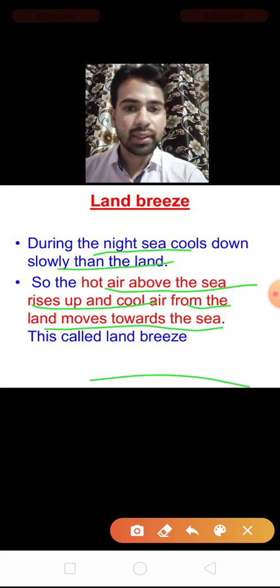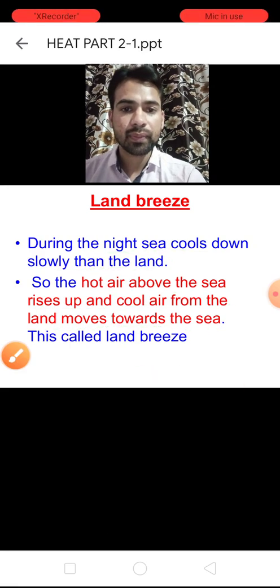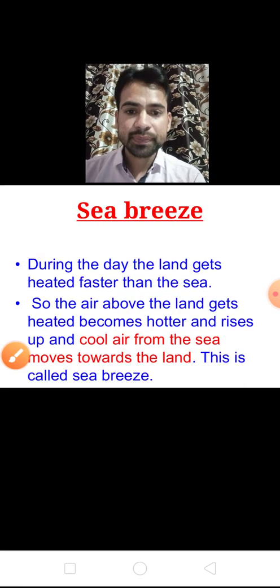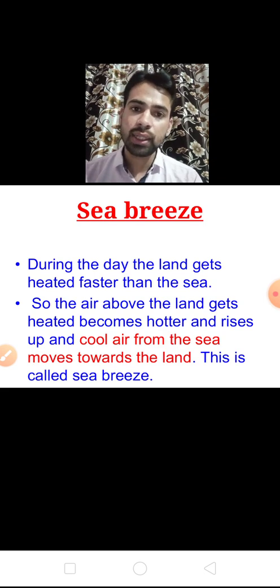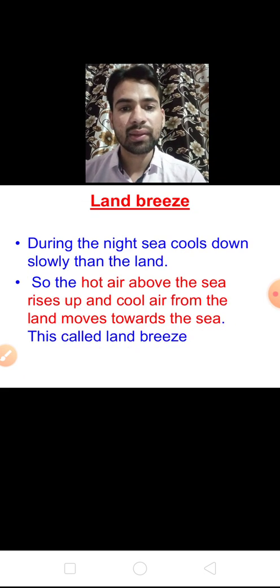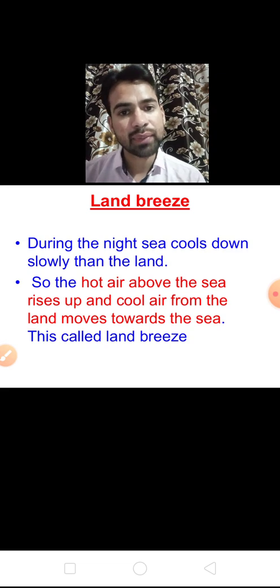See once again, in sea breeze the cool air from the sea moves towards the land. This is called sea breeze. In land breeze the cool air from the land moves towards the sea. This is called land breeze.